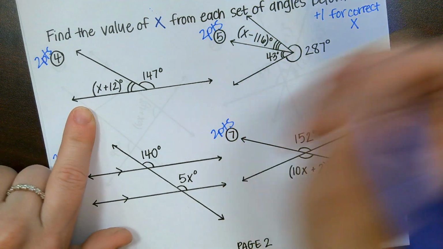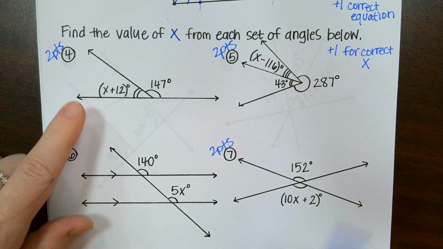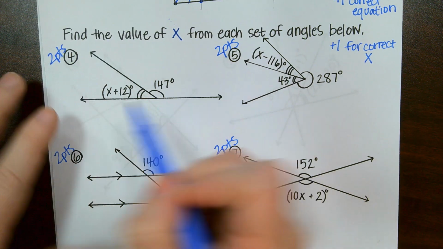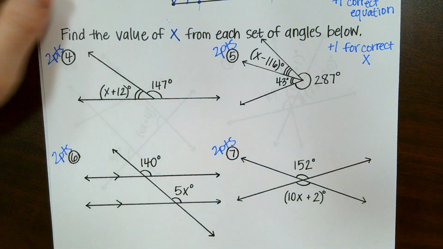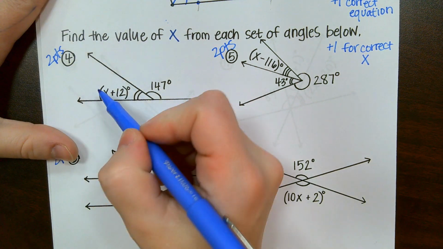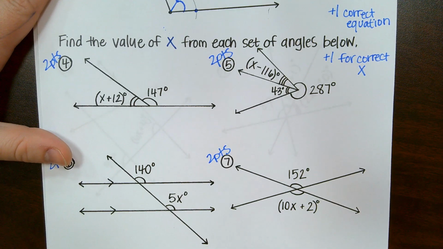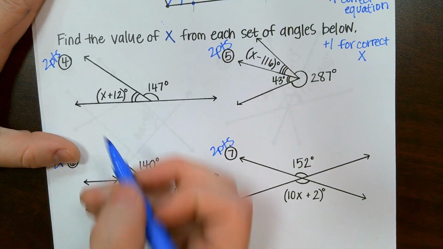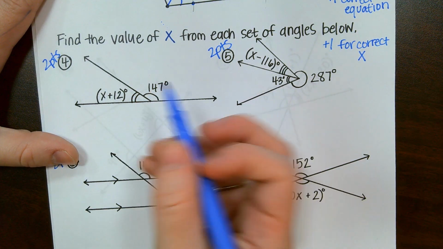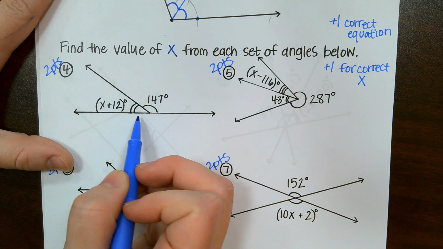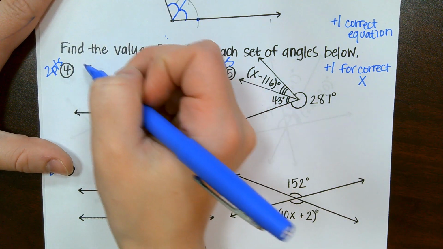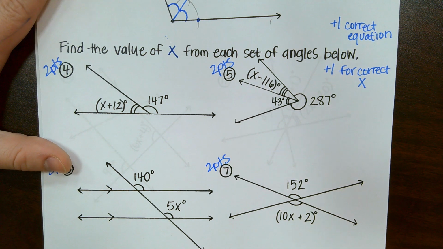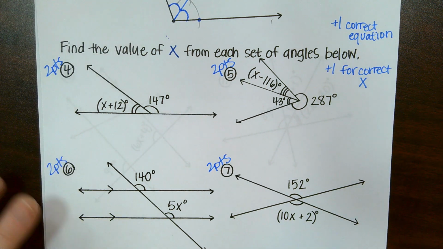Number 4, I've got 2 angles here, and these 2 adjacent angles are supplementary. Supplementary just means that they are going to add up to 180 degrees. So that means that this angle, the smaller one, plus this angle, that is 147 degrees, when I add them together, I'll get 180.